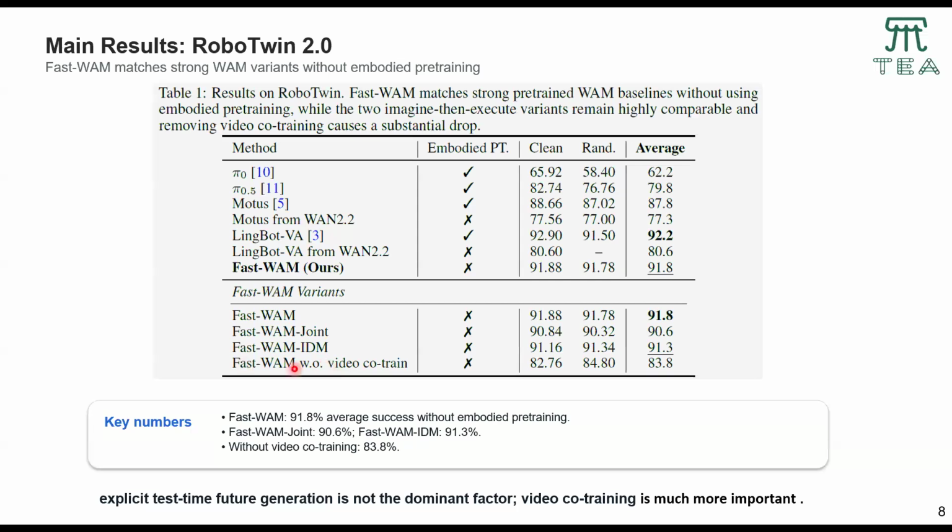And also you can see the model without video co-training has a significant performance drop. So from these results, it indicates that explicit test time future generation is not a dominant factor, but video co-training is much more important.